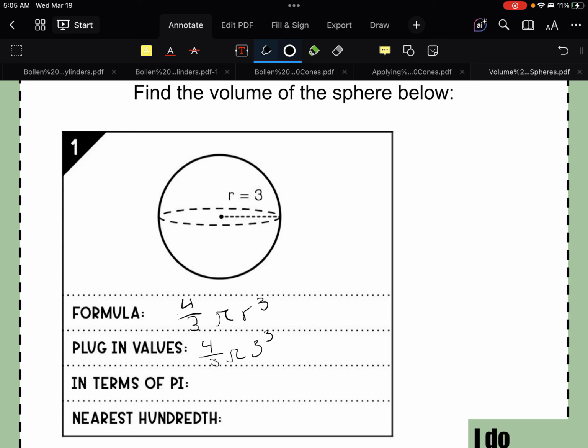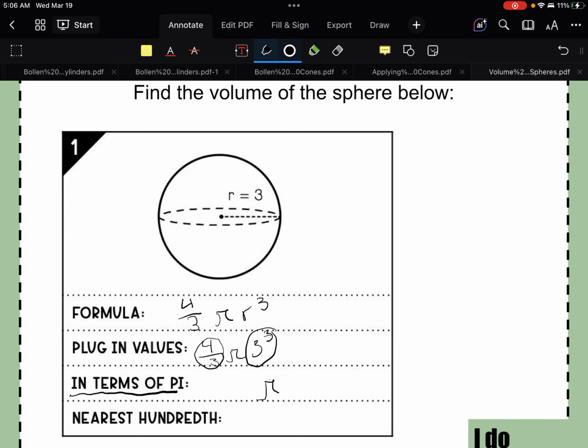The problem says in terms of pi, so we're going to reorder this real quickly and just multiply 4/3 and 3 cubed, and leave pi, because that's what in terms of pi means.